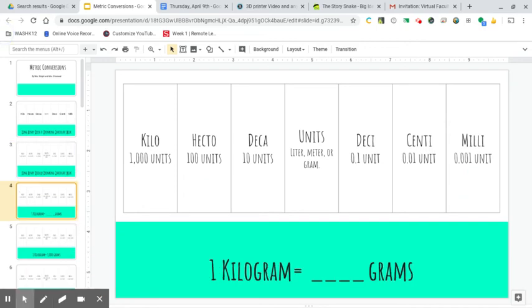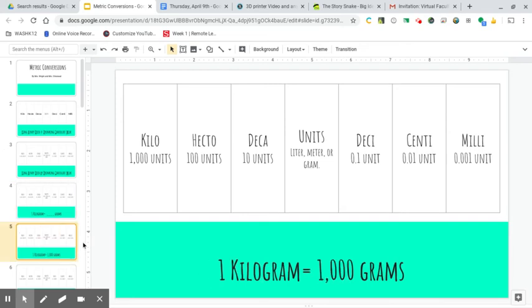Okay, so let's say we wanted to change a kilogram into a gram. 1 kilogram is equal to how many grams? Gram is just a unit, and over here it says a kilogram is 1,000 units. So a kilogram is 1,000 grams.